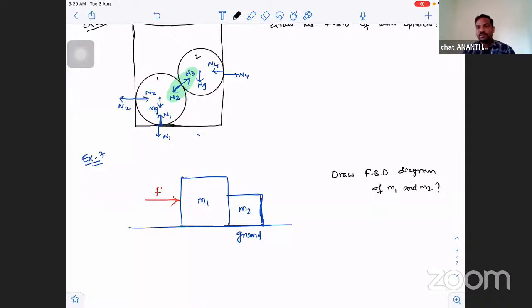Free body diagram means we have to draw all forces acting on the blocks. Okay. Have you all finished?